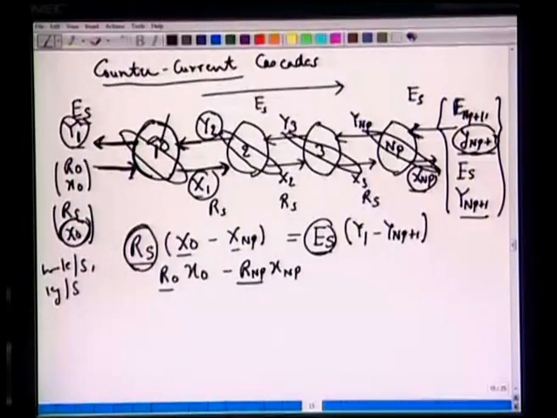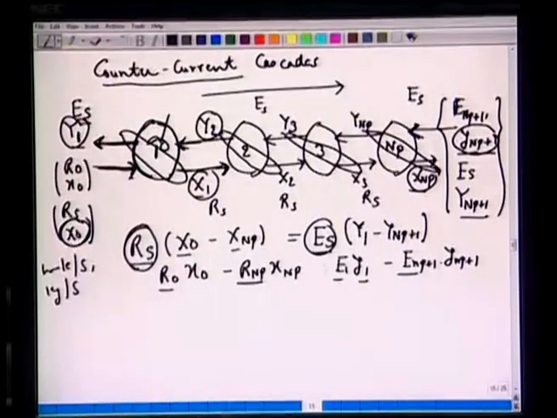Similarly, for ES, we could have written E1 small y1 minus ENP plus 1 into small yNP plus 1. But if we work on a solid free basis, E1 and ENP plus 1 can be replaced with ES, and small mole fraction y can be replaced with capital Y and X.